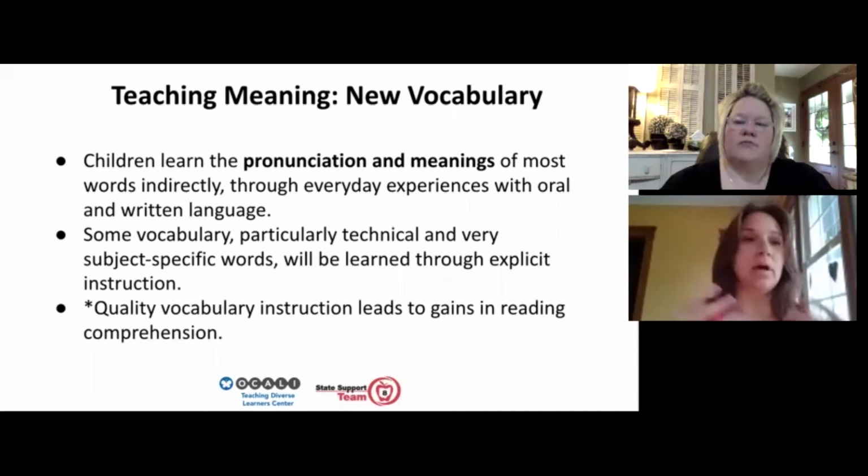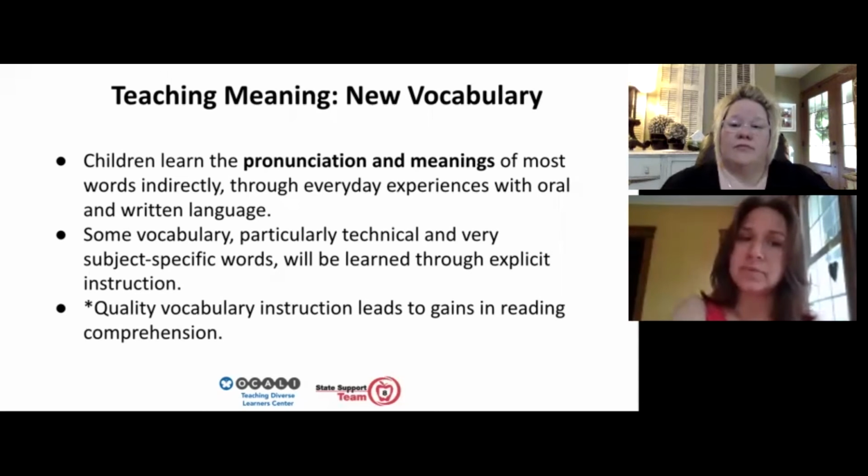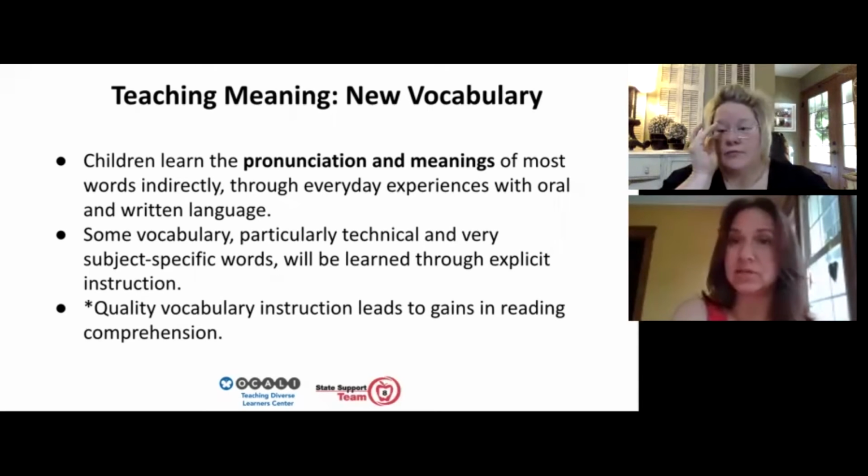They learn it through oral and written language. However, when you're learning specific vocabulary words that are, let's say, tier 2 and tier 3 specifically, that are very subject specific, those will be taught through explicit instruction.